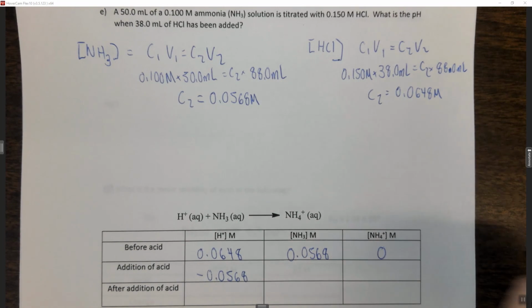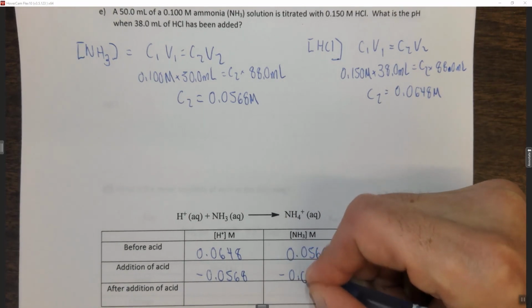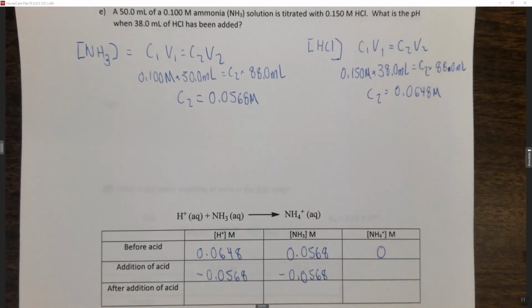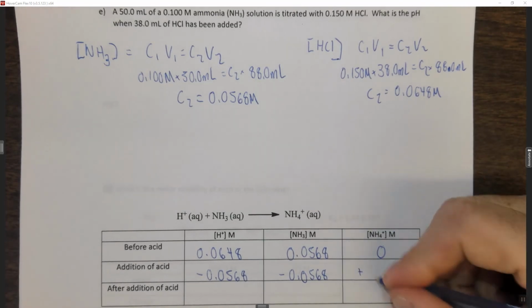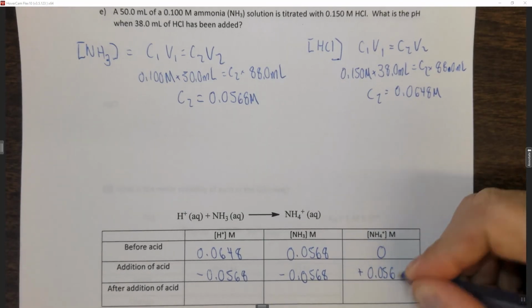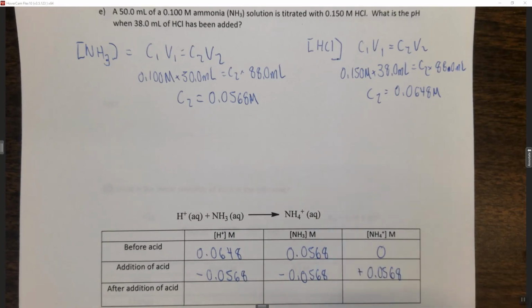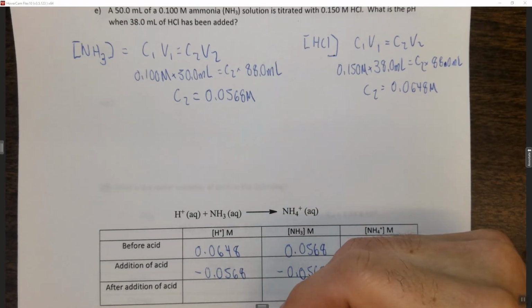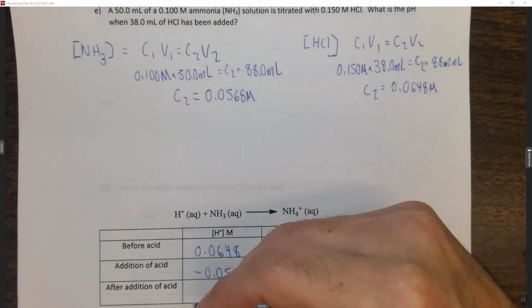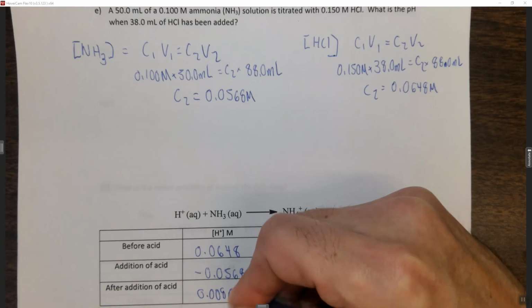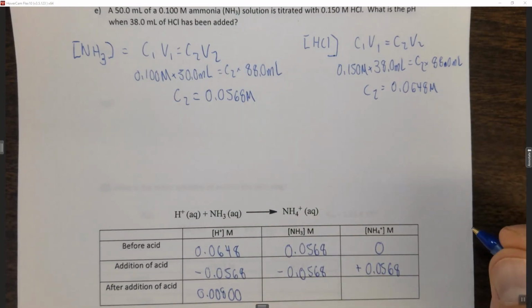For the concentration of NH3, we're going to lose all of it, 0.0568 molar. And for this one, we're going to gain 0.0568 molar because all of the NH3 is going to be converted to NH4 plus. When we do this, we're going to find that it's 0.00800 molar H plus.